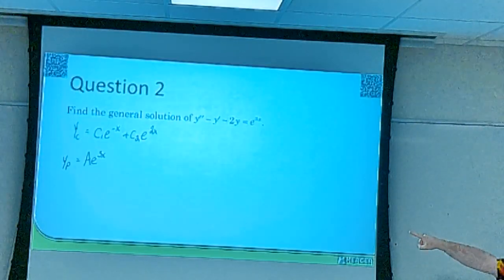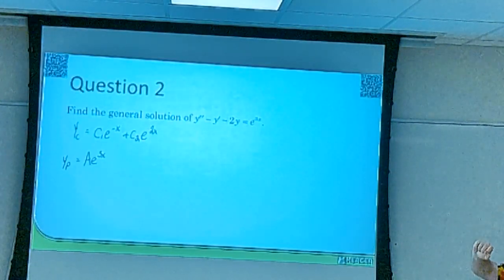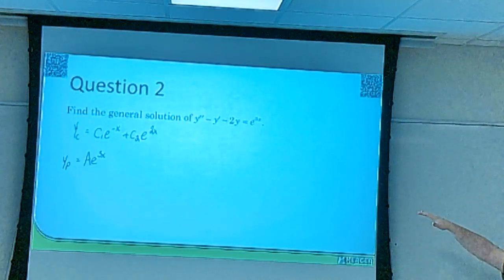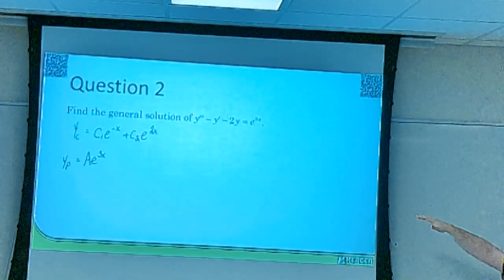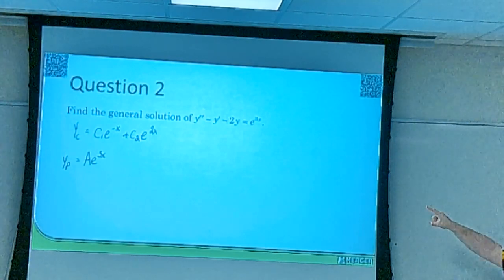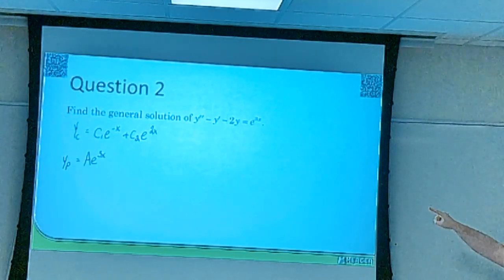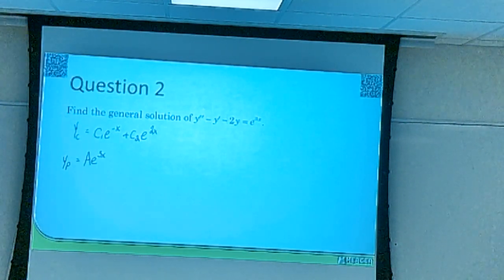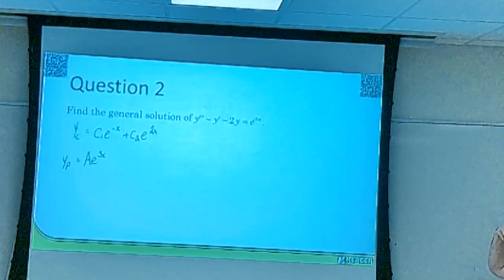But what you want to do is check: does e to the 3x appear in the complementary? Then you're good. If it did appear, your form would be x e to the 3x times a. And if that also appeared, then it'd be a x squared e to the 3x, and so on and so forth.